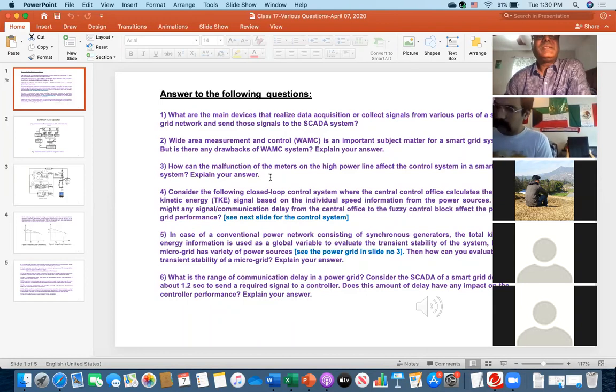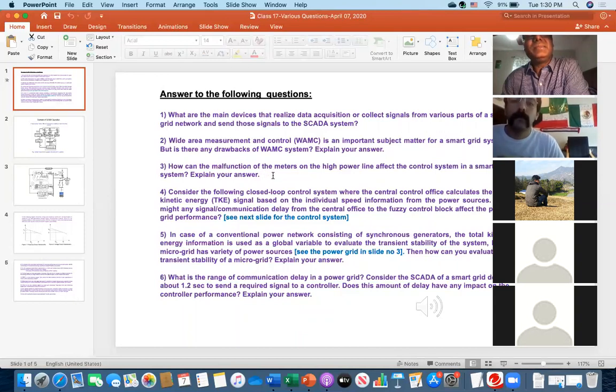Question number 3 was: how can the malfunction of the meters on the high power line affect the control system in a smart grid? So what are the meters? There are two important meters. One is the potential transformer, PT, which measures high voltage, and the other is the current transformer, CT, which measures high current.